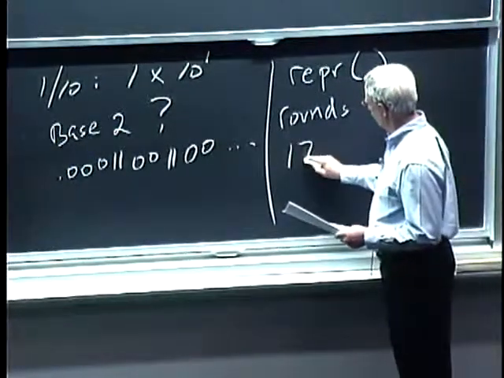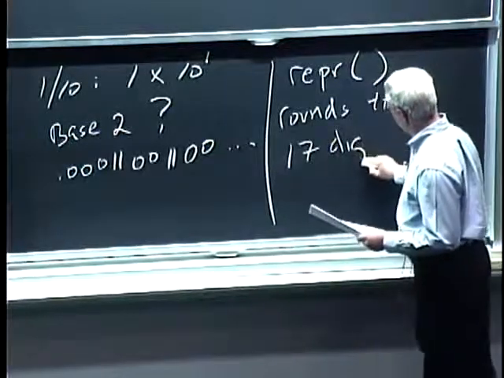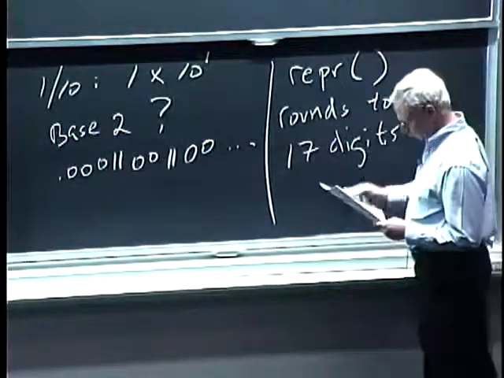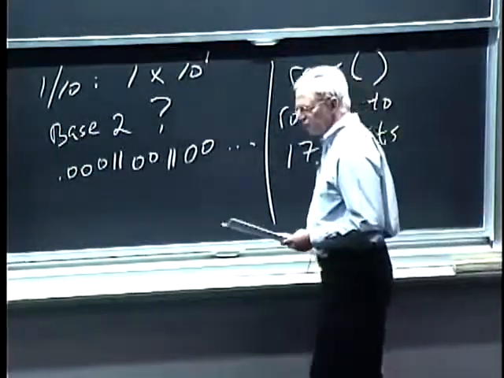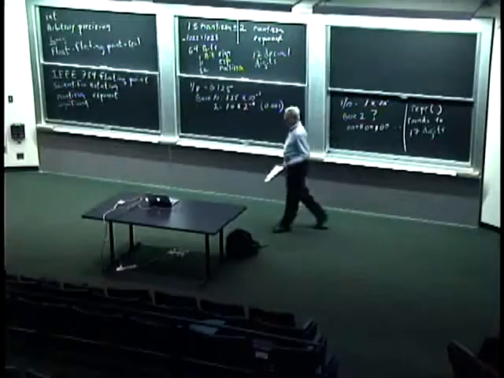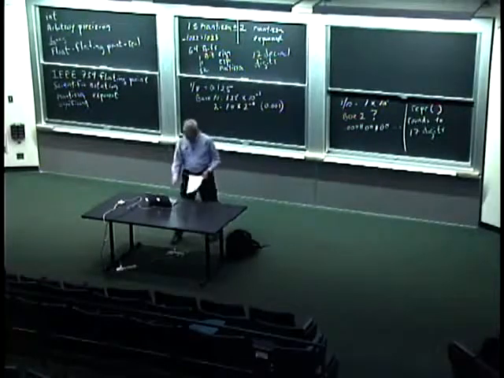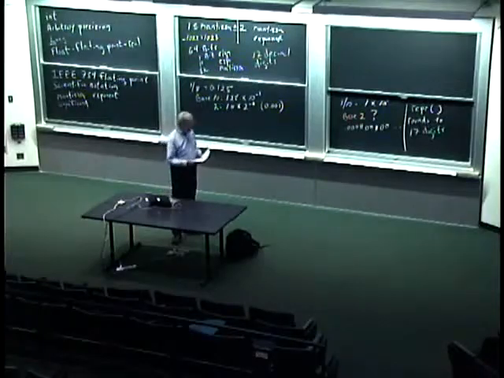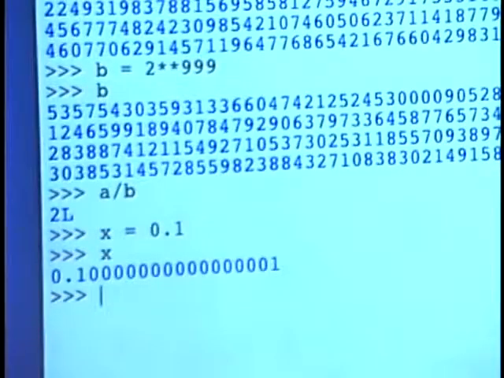There's that magic number 17 again. Hence, when it rounds it to 17 digits, we get exactly what you see in the bottom of the screen up there. Answer to the mystery, why does it display this?